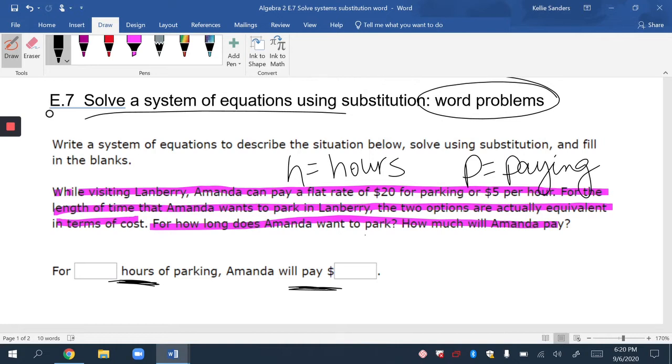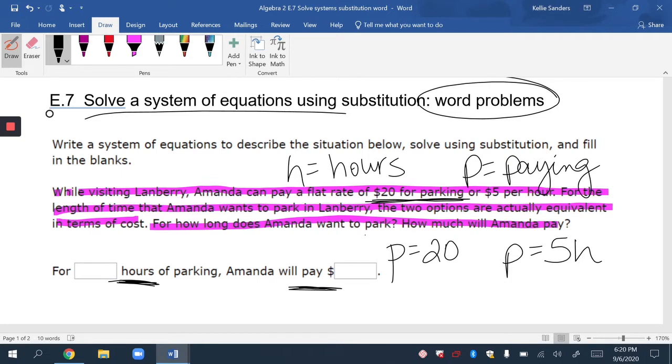All right, so let's go back to the words. Amanda can pay a flat rate of $20 per parking, or $5 per hour. So she can either pay $20 no matter what, all day long, or she can pay $5 for every hour.